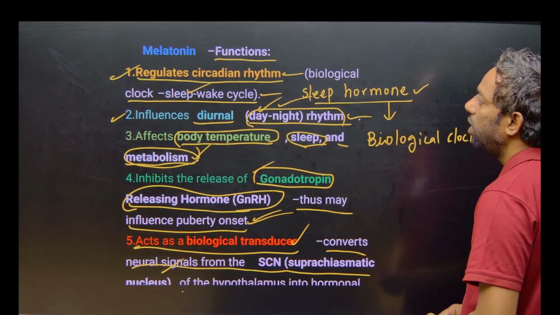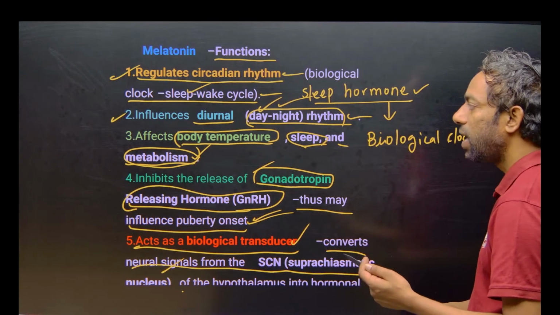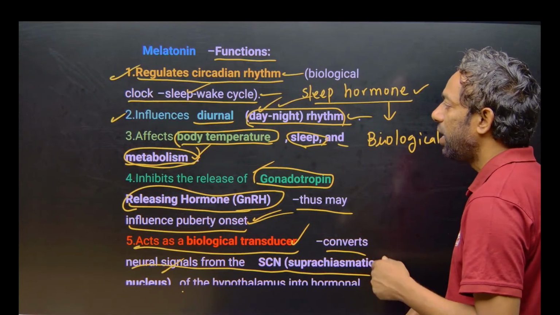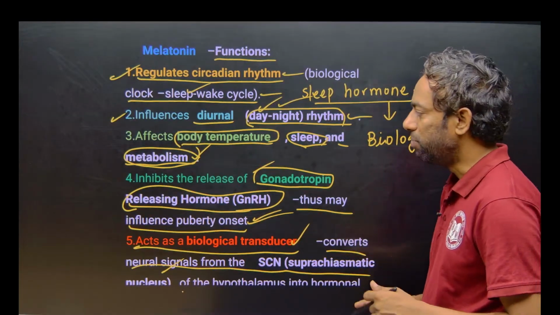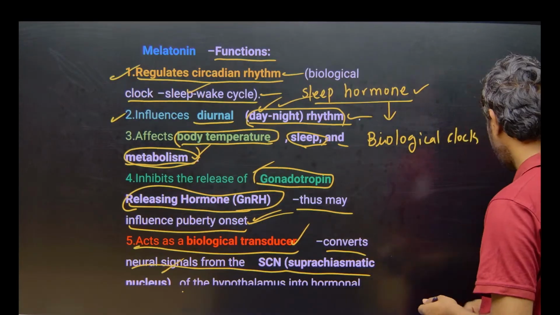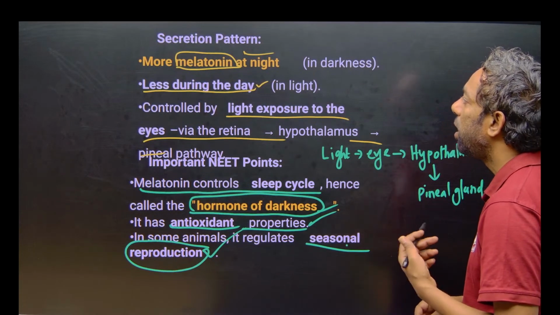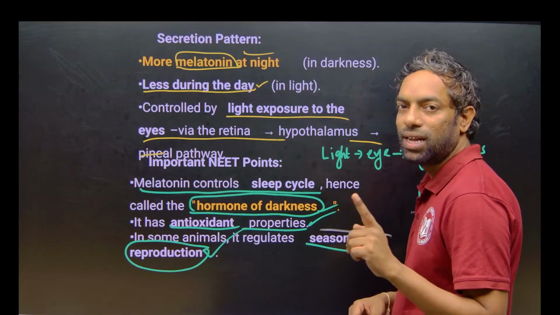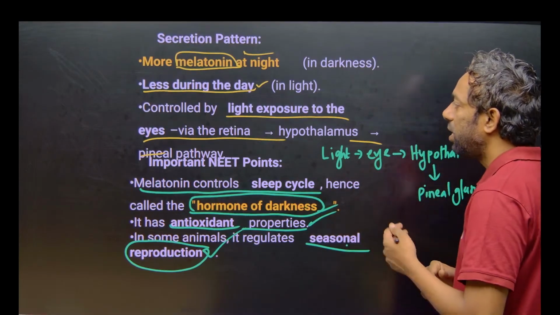The functions: it regulates circadian rhythm, that is the sleep-wake cycle, and influences diurnal rhythm, day and night. It affects body temperature, sleep-wake and metabolism. It inhibits the release of gonadotropin hormones. Secretion pattern: more melatonin is released at night, very little during the daytime, depending on light exposure.